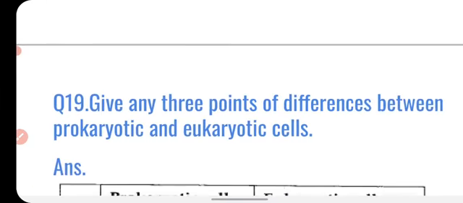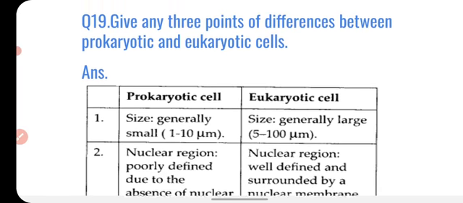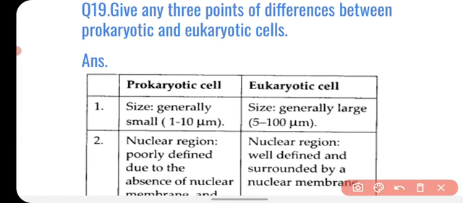Next question is, give any 3 points of differences between prokaryotic and eukaryotic cells. Prokaryotic cells are generally smaller in size. They have the range of 1 to 10 micrometer, and eukaryotic cells are generally larger. They are in the range of 5 to 100 micrometer.